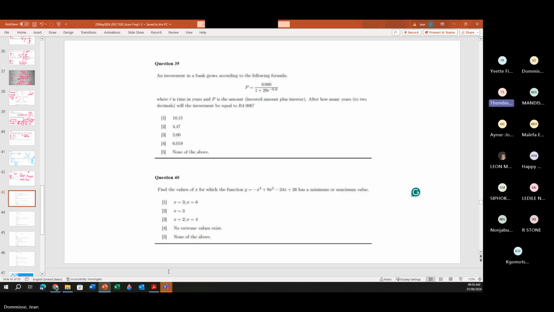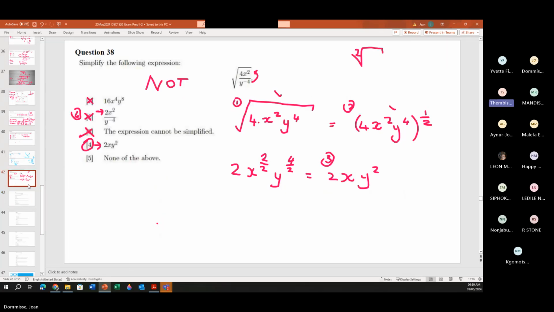Sorry, sir. Can you please go back to the previous question? How did you get the x to the power of 2 over 2, I see that, but how did you get 2? So this 2? Yes, that 2.